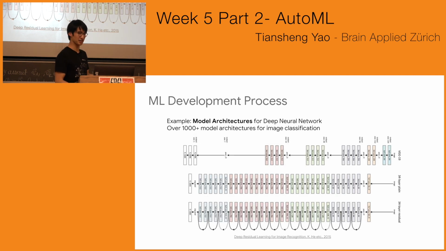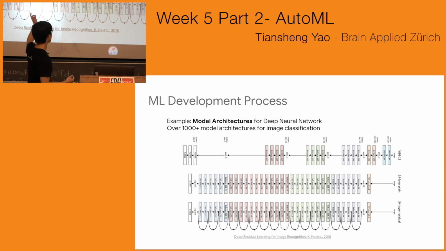And here is an example of deep neural networks. Deep neural networks are currently very hot in the era of deep learning. The model architecture means how the deep neural network is constructed layer by layer. Here each row is an architecture.